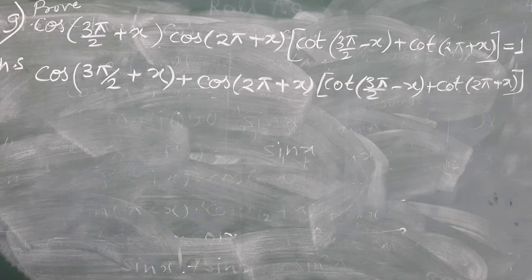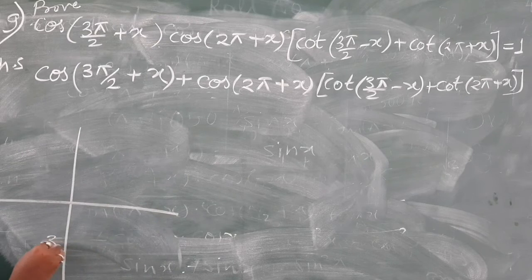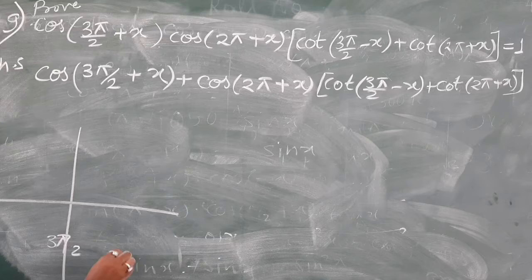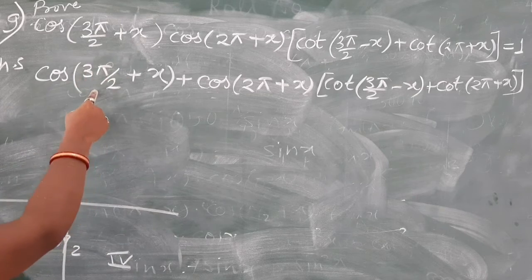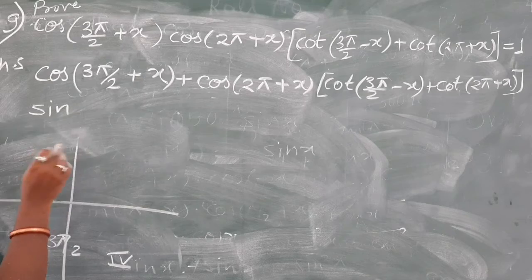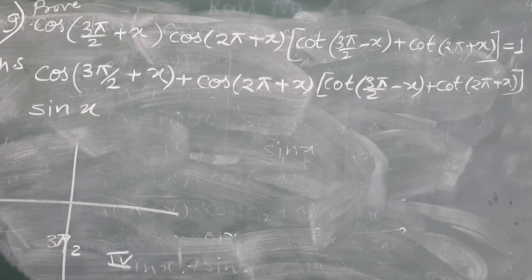Cos(3 pi by 2 plus x): 3 pi by 2 plus x means fourth quadrant. In the fourth quadrant, cos is positive and this is a y-axis angle, so cos will change. So it will be sin x.